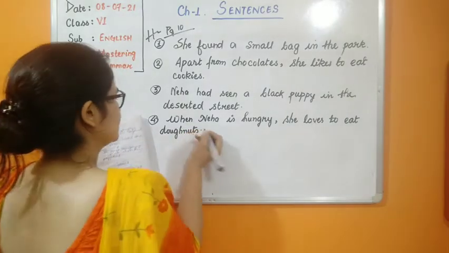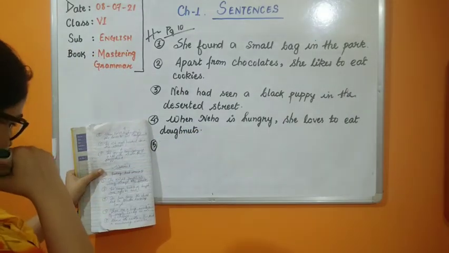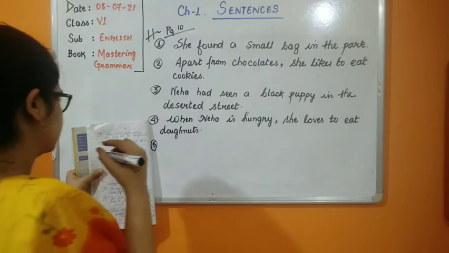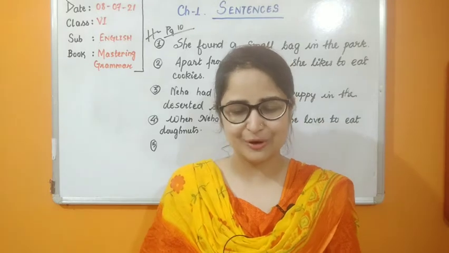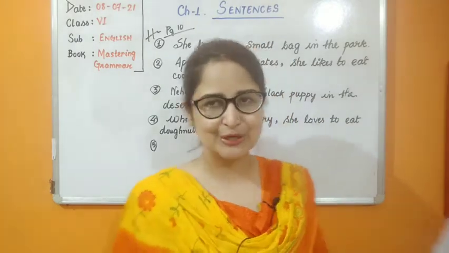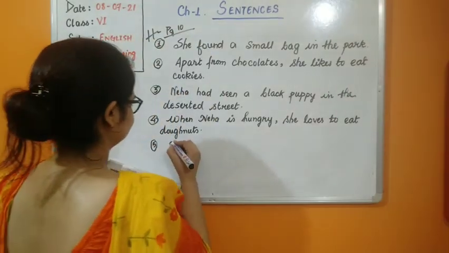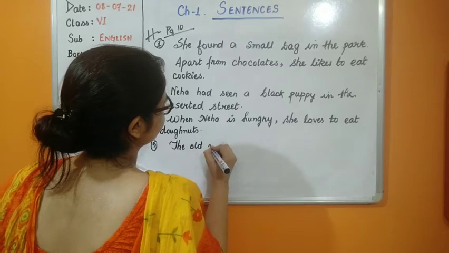Okay children, now moving to number 5. The old man walked down the street. I have found this pair. See, the old man can be a phrase.